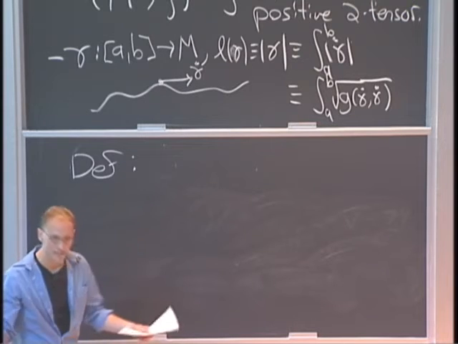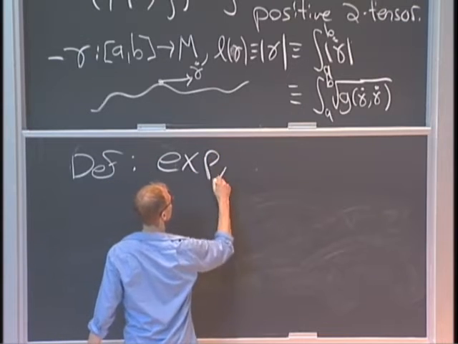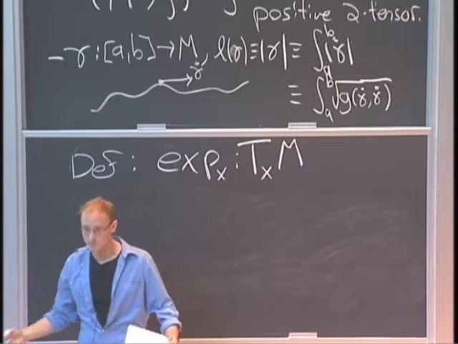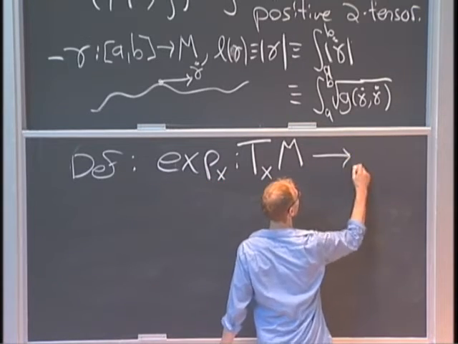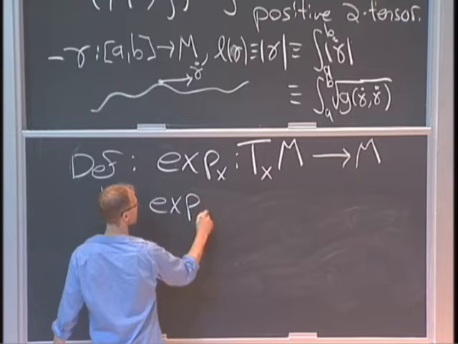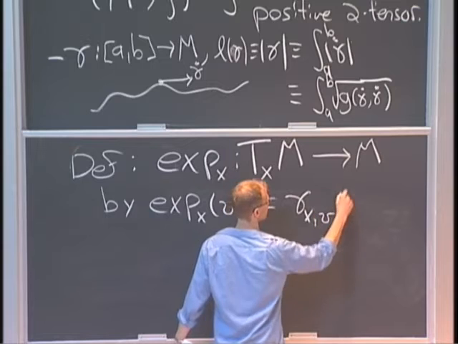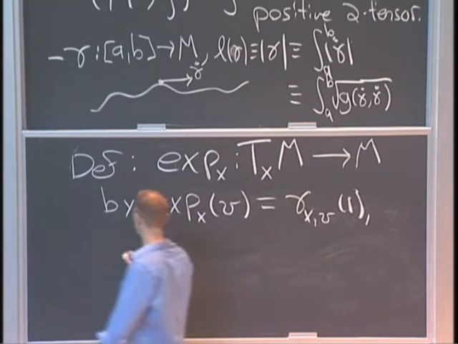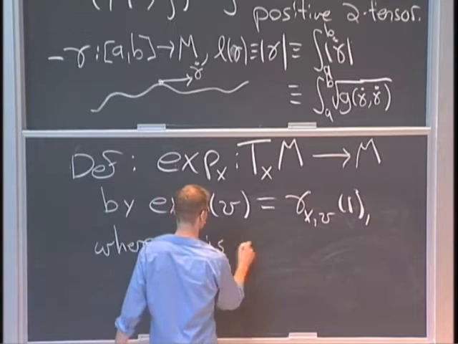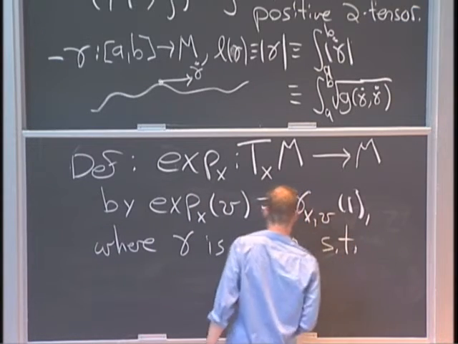So definition. M at this point, right, is a geodesically complete manifold. So we can define the exponential map at some point x as a mapping from the tangent space of that point. So this is like Euclidean space, right? It's just a mapping from some R^n to M, by the exponential map at x evaluated at v is just equal to gamma_{x,v} of 1, where gamma is a geodesic, which, as you might guess, starts at x in the direction of v.